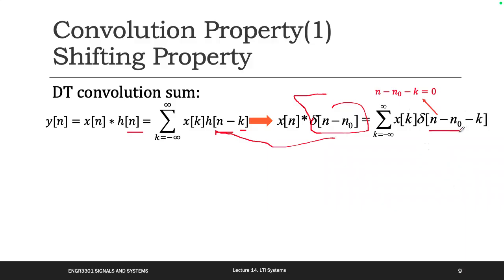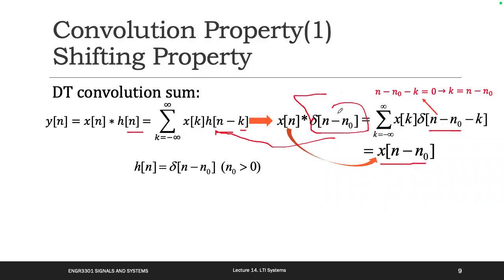Am I right? Yeah, so which means when k equals n minus n0, this part will be equal to 1. Otherwise, it will be equal to 0. So this equation equals this one. Does it make sense to you? Any question? Okay, this part, if you see this form, you will know it will equal x[n minus n0].